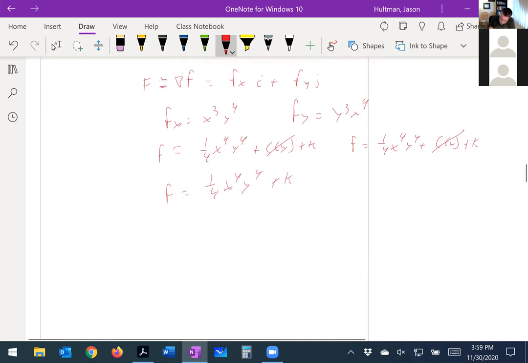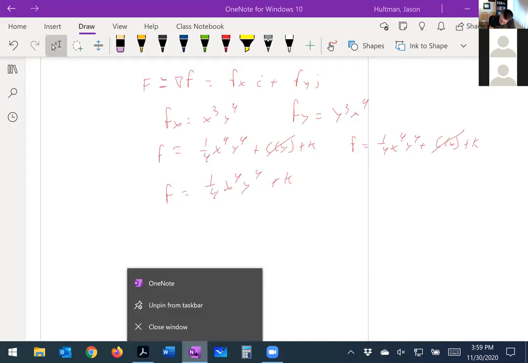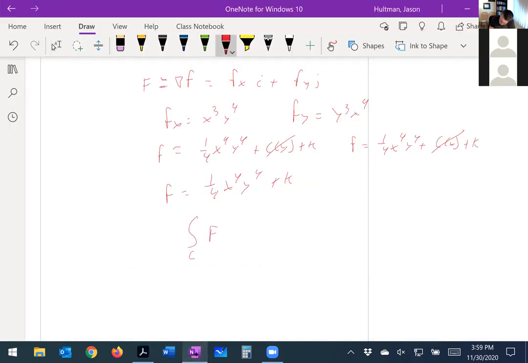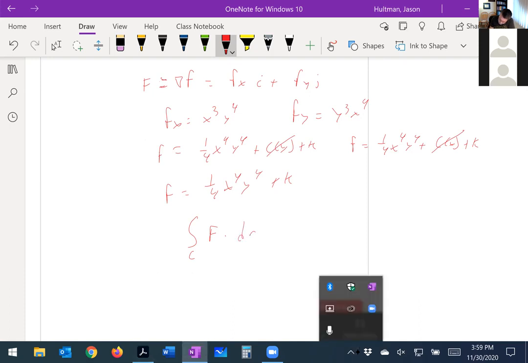Now they're saying evaluate this thing as a line integral along this given curve, where r of t is equal to this thing here, and t goes from 0 to 1. So what we want is the integral of F dot dr along c, parameterized in terms of r of t.